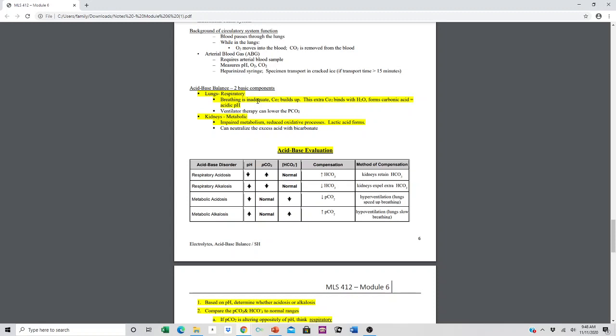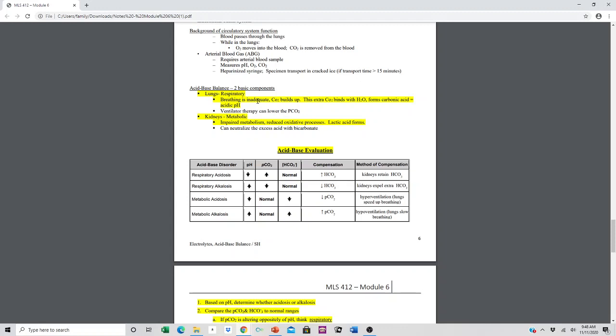Hypo meaning low, right? Hypoventilation. Patient can have pneumonia. Patient can have cystic fibrosis. Breathing is inadequate. So if they are not doing an efficient oxygen exchange, CO2 is going to build up, and that could be causing the acidosis.